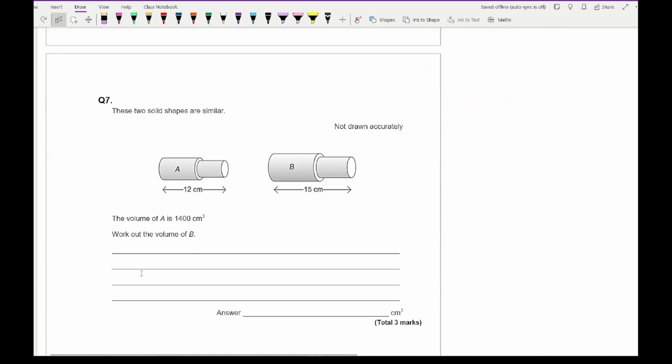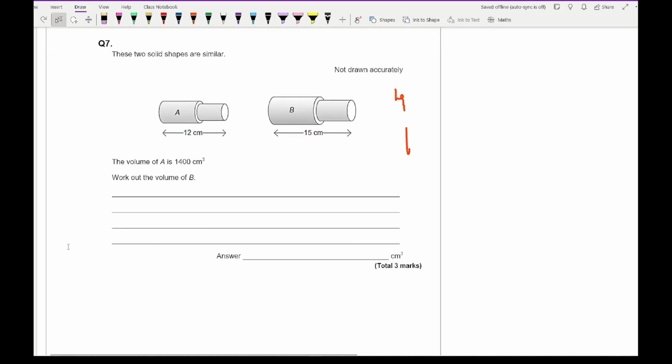Moving on to question 7, it says here are two solid shapes that are similar. The volume of A is 1400 centimeter cubed. Work out the volume of B. So again, looking at this, we can see that the length scale factor here is going to be 15/12, which can be simplified by dividing both numbers by 5, but again, not essential on a calculator paper, so that's going to be 5/4.